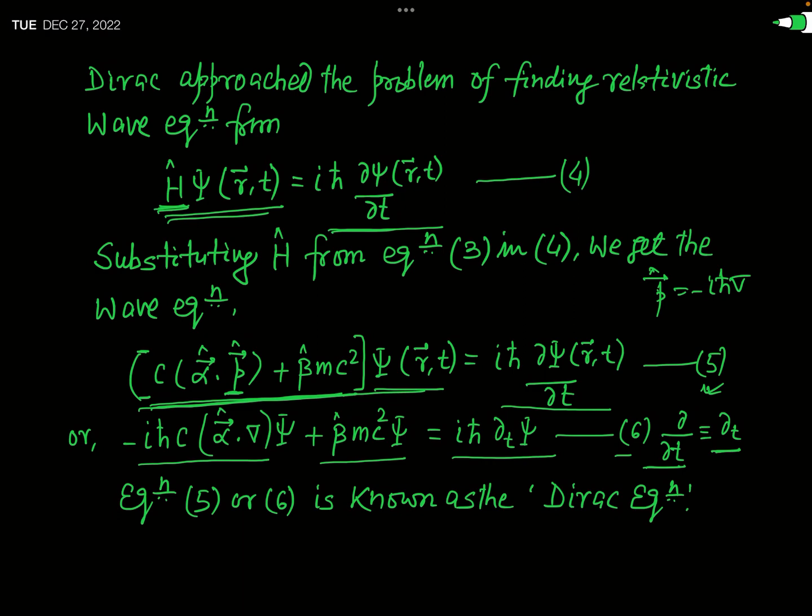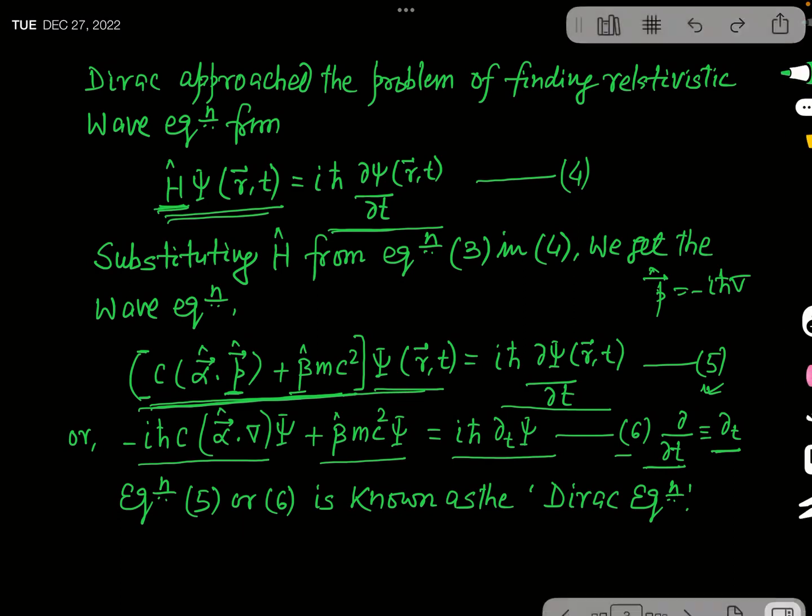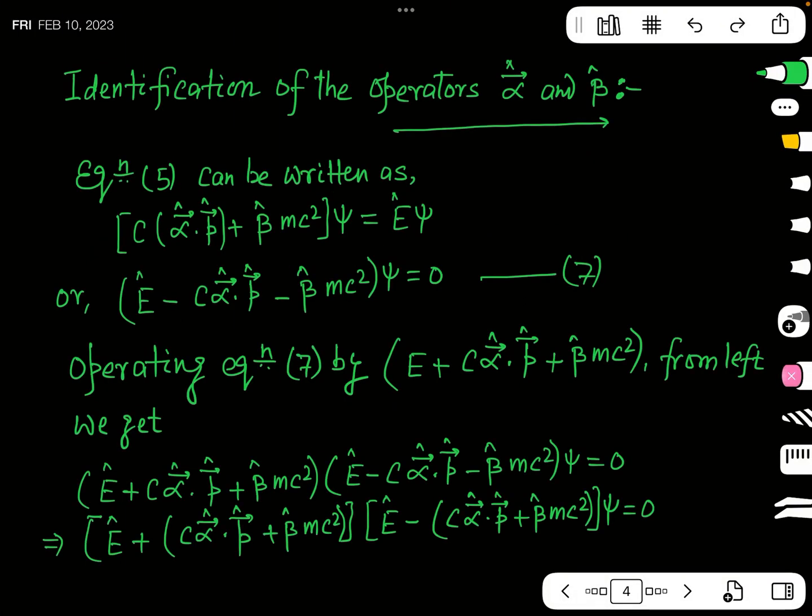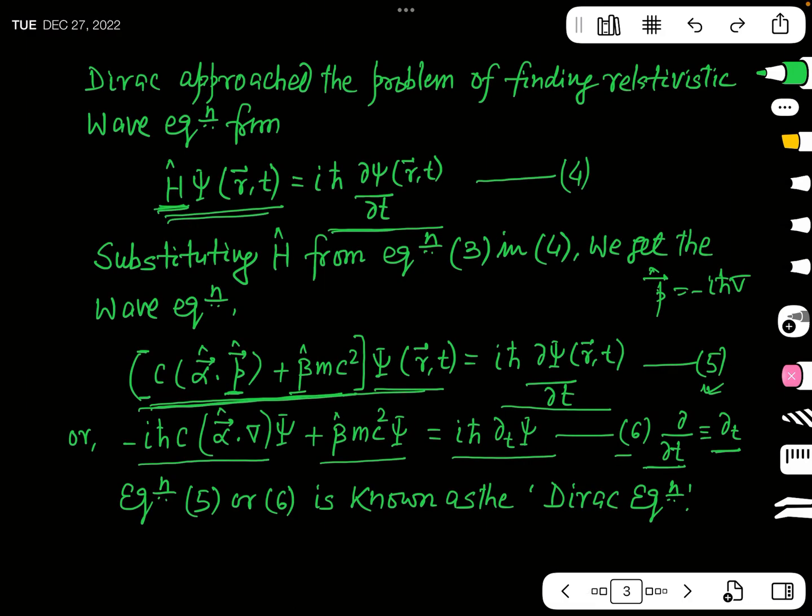But what is the actual meaning of these operators alpha hat and beta hat? We will now see. In fact, alpha hat is a vector operator and beta hat is a scalar operator. But what are the important properties of these two operators? We will now see. For the identification of these two operators, let us write the Dirac equation, which I have mentioned in equation 5, in this form.